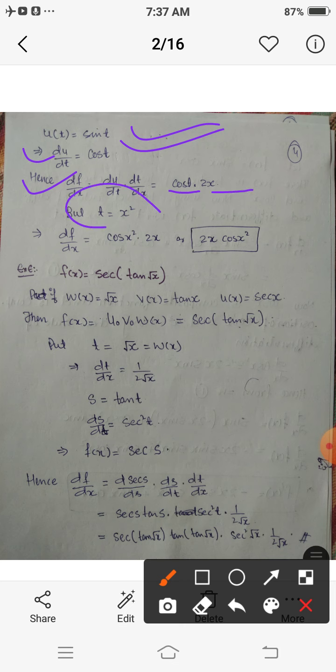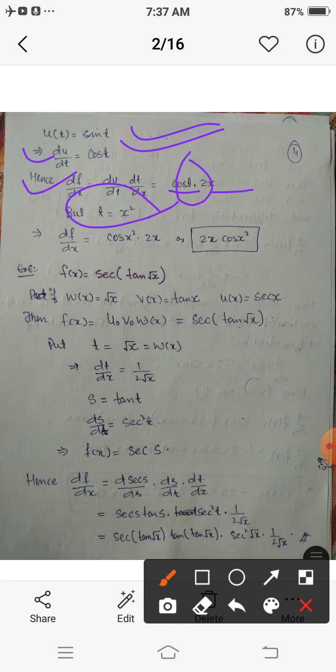But t is x square, which implies that df by dx is simply cos x square into 2x, or 2x cos x square.